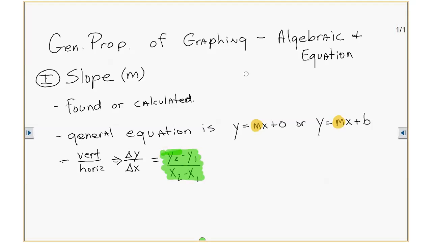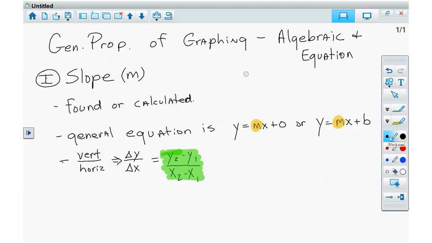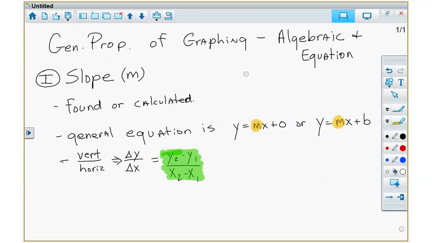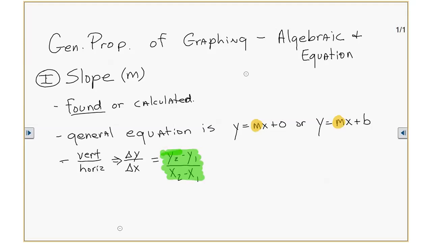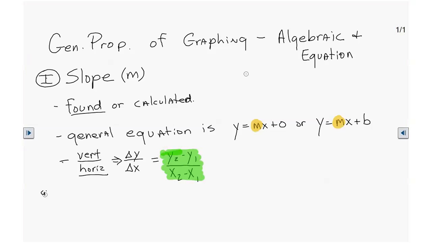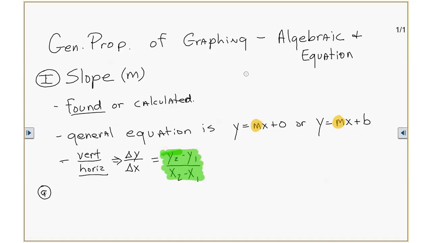So, depending on the question, you'll ascertain if you're going to find the slope or if you're going to calculate the slope, which is this right here. Now, what type of questions will you have? The first type question will just give you an equation.